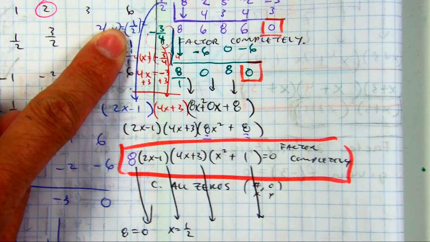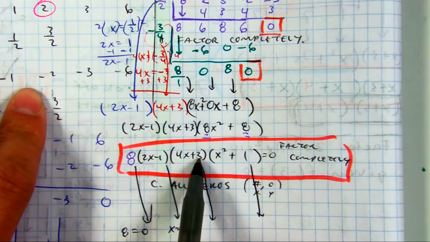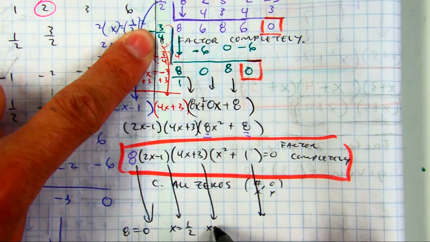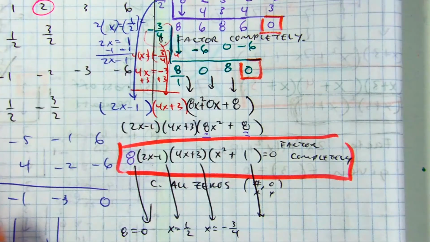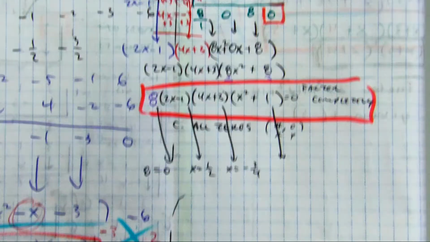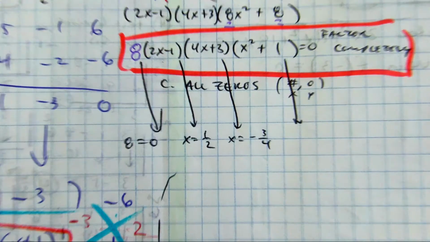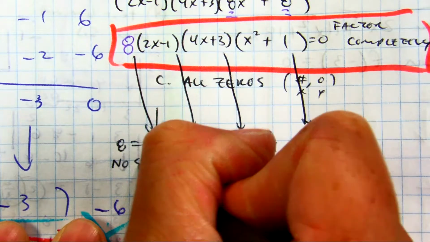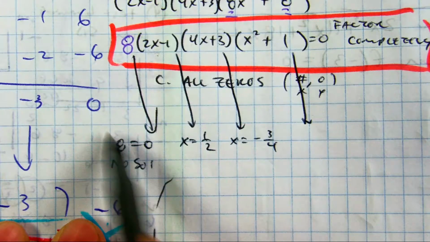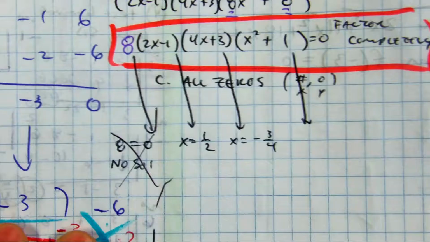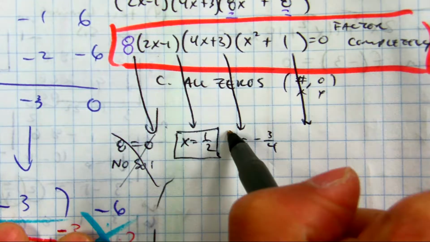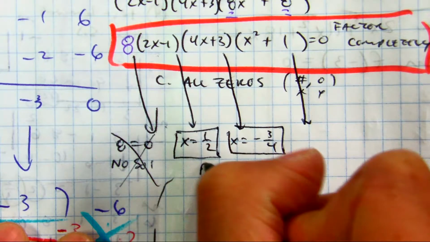We already did the math for 4x plus 3. What is it? x equals negative 3/4. Okay, so I got a couple of them. Class, can 8 equal 0? No. We say no solution. So we don't actually use that. We got an answer, x equals 1/2. x equals negative 3/4. They would call these real zeros.